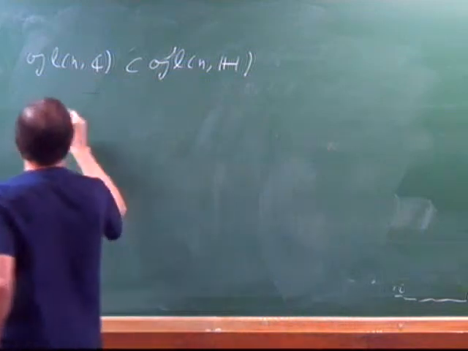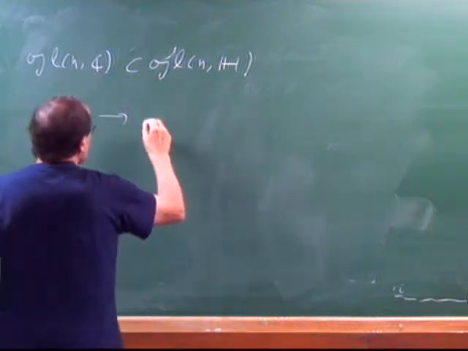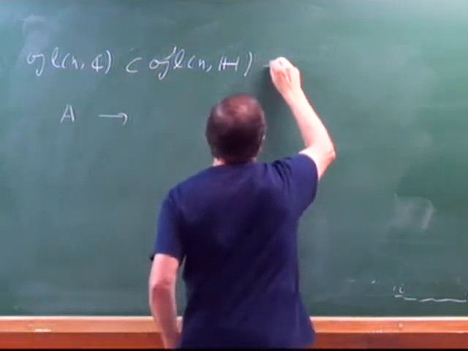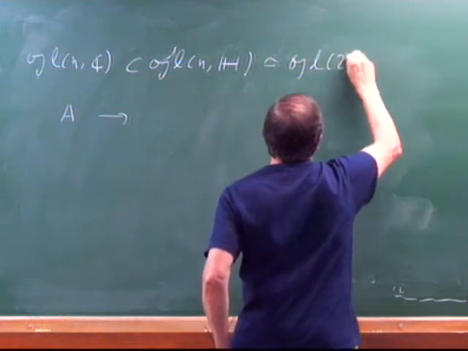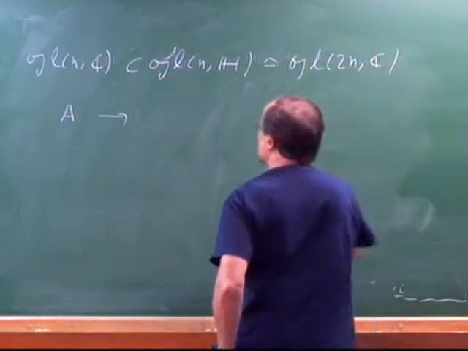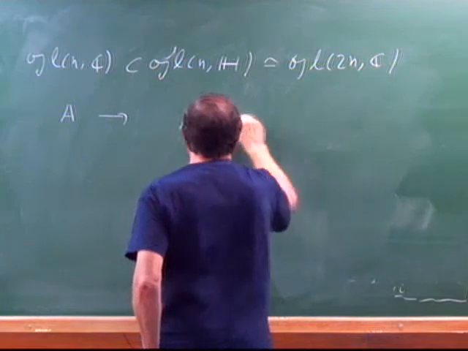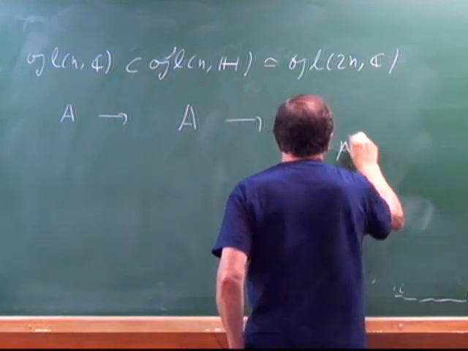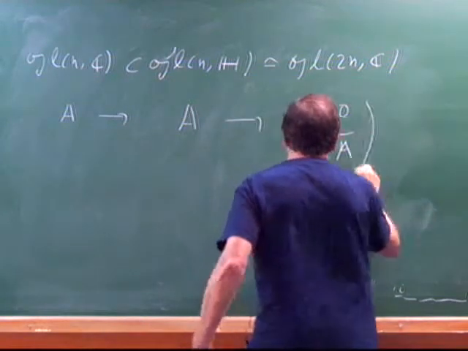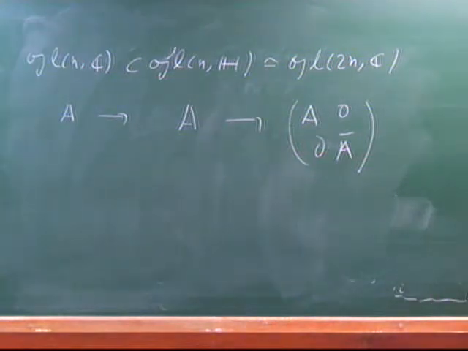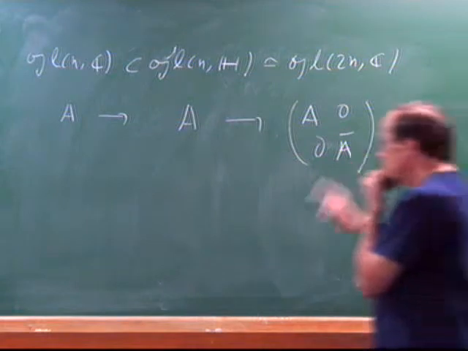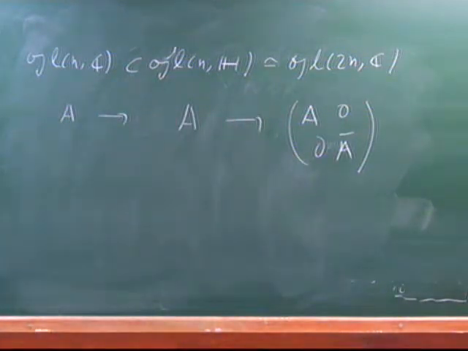And over here that corresponds to the trivial A. So this you identify with GL2 n C, right? Like I just did. Because here A goes to A, but now it goes to A A bar. So that's the embedding of GL n C and GL n H in this form. So this conjugate is important. So that's important.